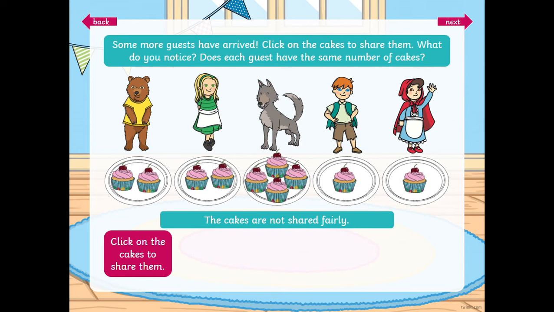Which 2 people have got the same number of cakes? Yes, you're right. Hansel and Little Red Riding Hood have got the same. They've got 1 cake each. But Baby Bear and Goldilocks have got the same number of cakes as well, but they've got 2 cakes each. And the Big Bad Wolf has got more than anybody.